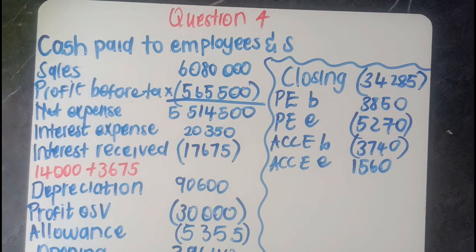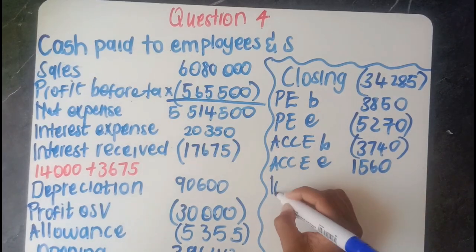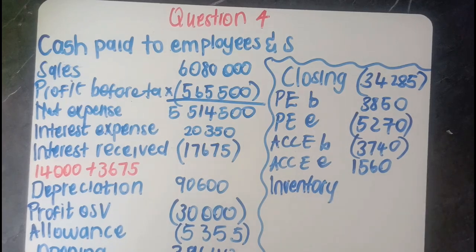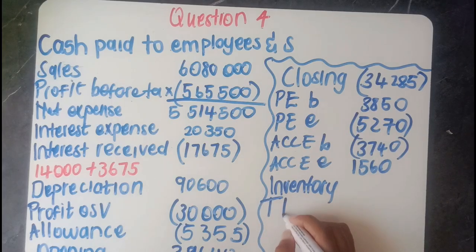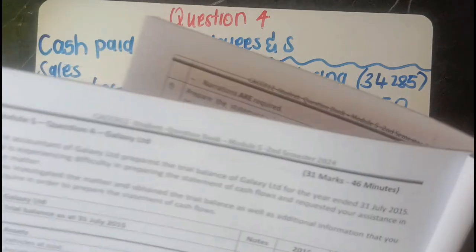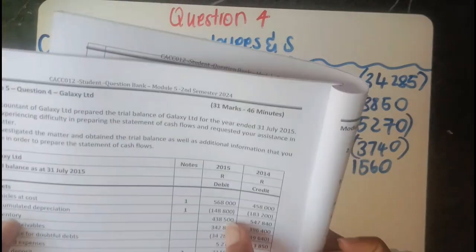So let's move forward. After you're done with this, you're going to move on to your inventory, right? And your trade payables. So your inventory has decreased.